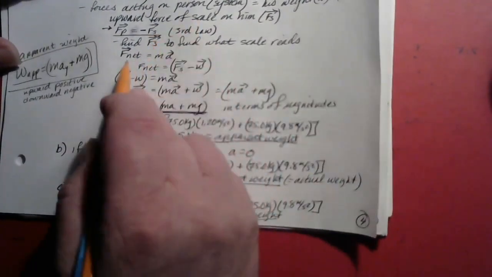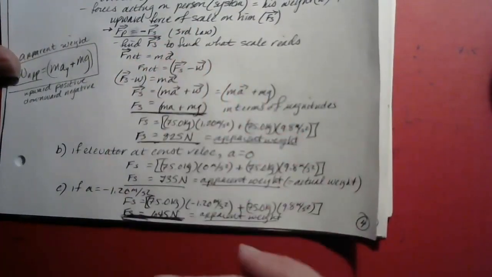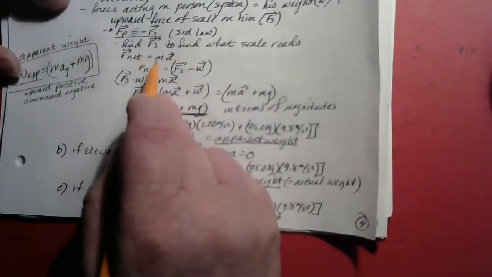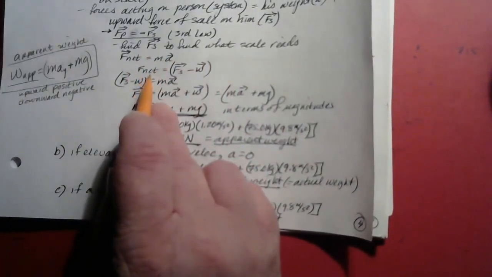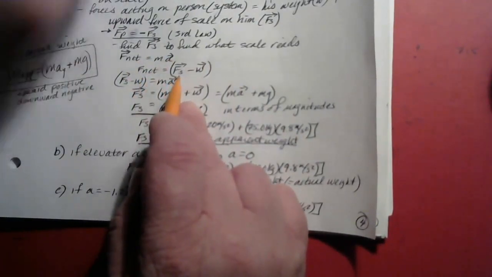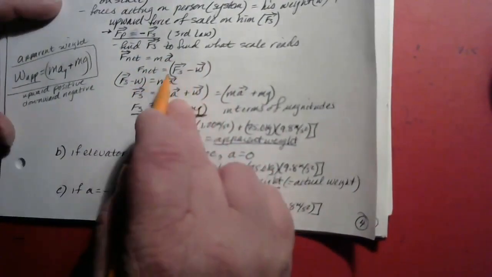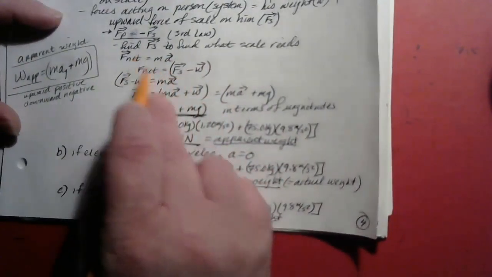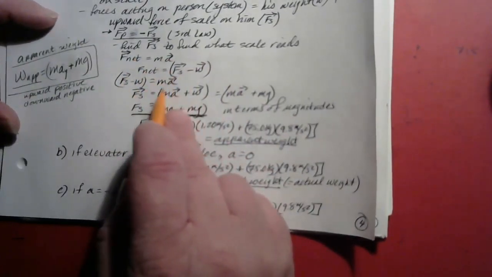In order to do that, we can take F net, the net force on the person, which would be equal to MA. And we also know that F net would be Fs, the force of the scale pushing up on the person, minus W. So Fs minus W must be equal to MA.